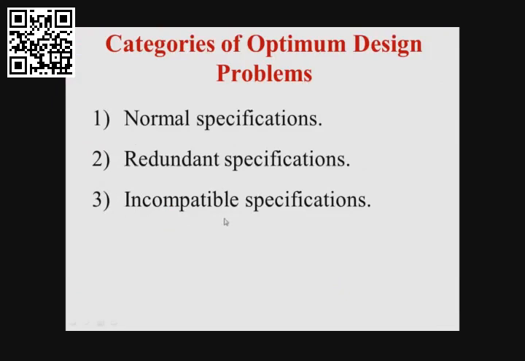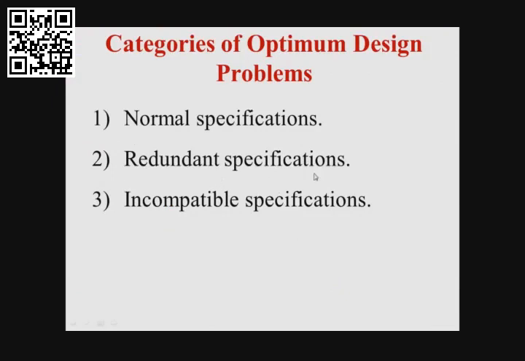Okay, so if incomplete data is given, and we are not at all able to develop the relations between different parameters, then it is called the incompatible specifications optimization problems. Whatever we have solved are normal specifications problems.